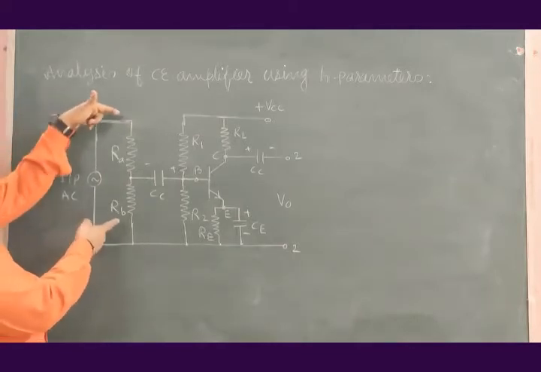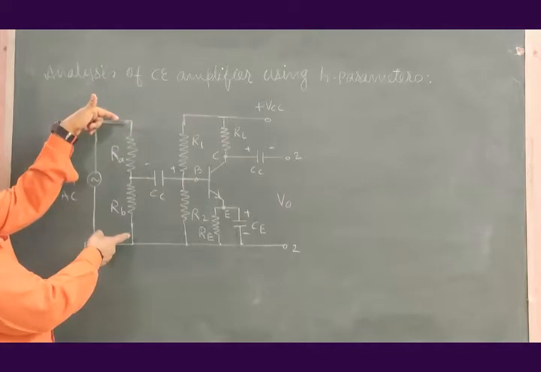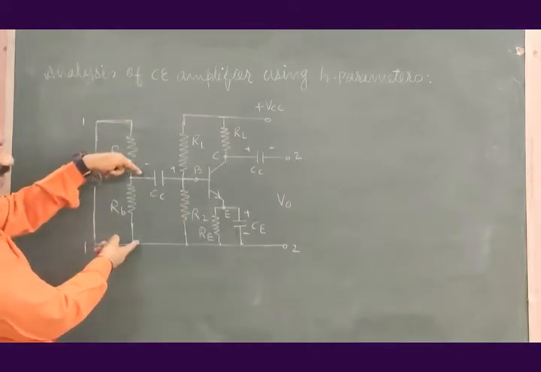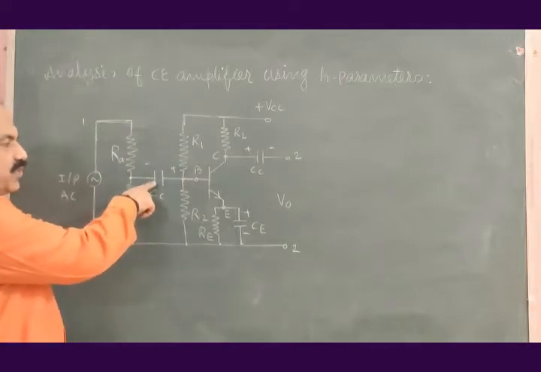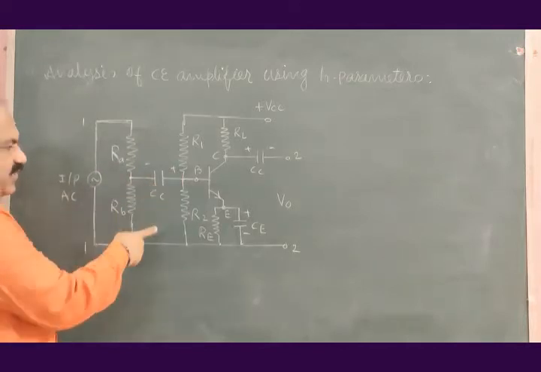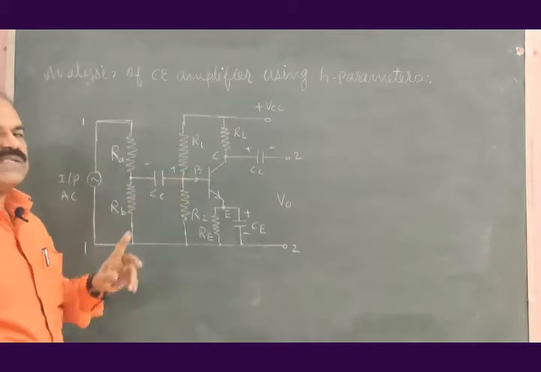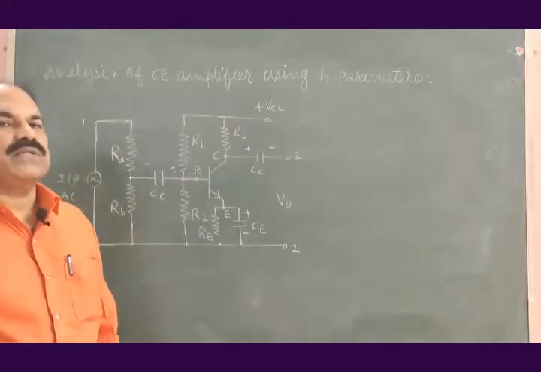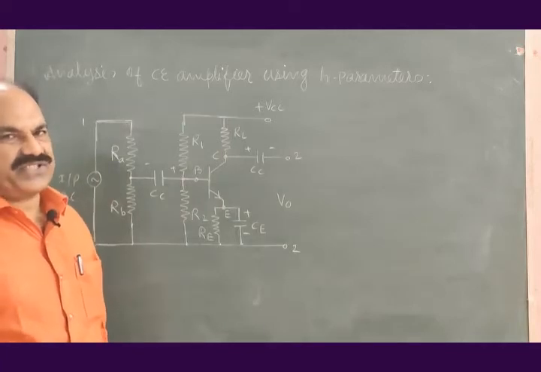Given input voltage applied across series combination of this, out of this, the voltage coming across this resistance is given through this coupling capacitor CC to the base of the transistor. R1 and R2 are biasing resistances.